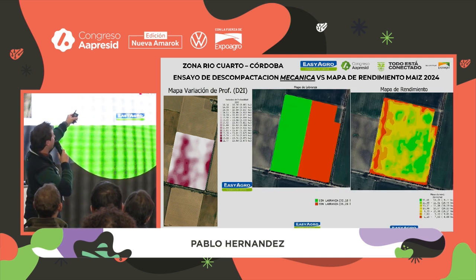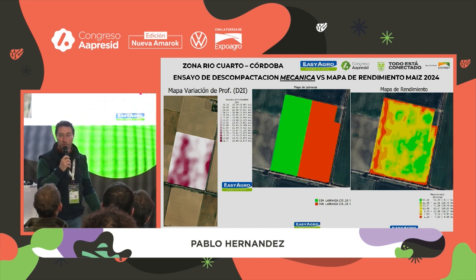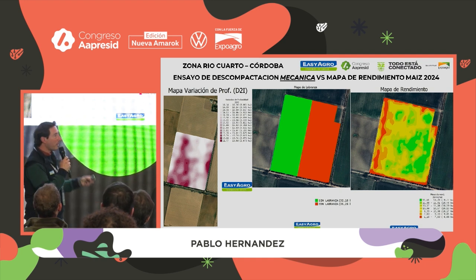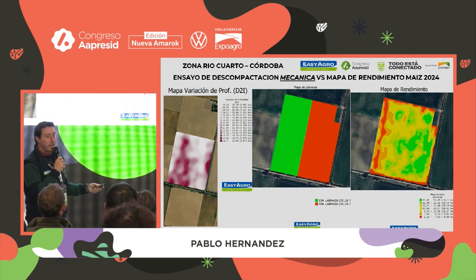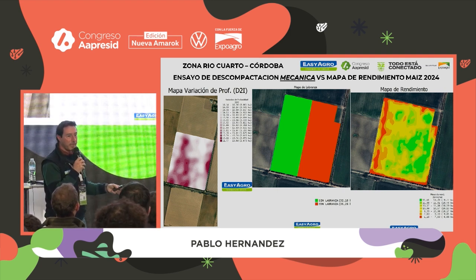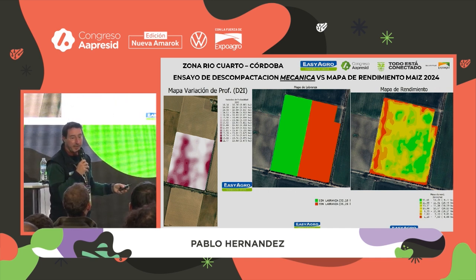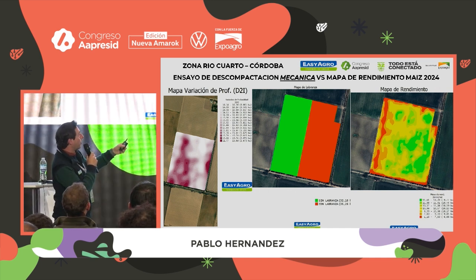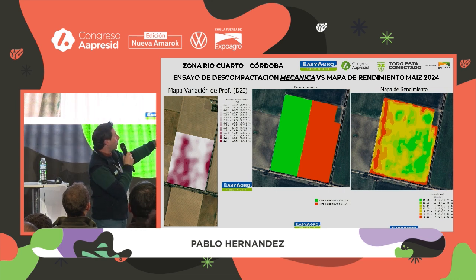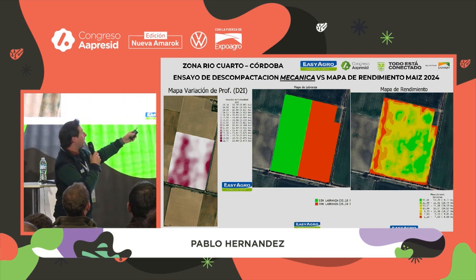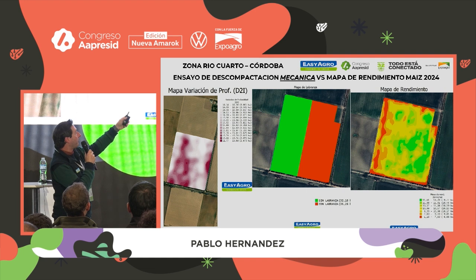So the green area is where no tillage was applied. In the red zone, the paratill was used at 25 centimeters depth. Then we planted maize. This season had good water conditions, and the yield was on average 10,000 kilos.